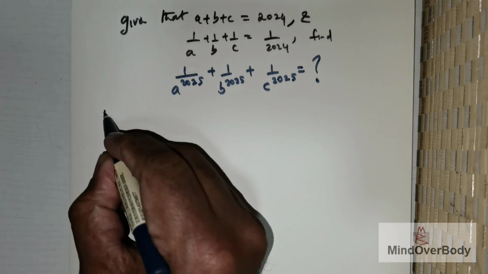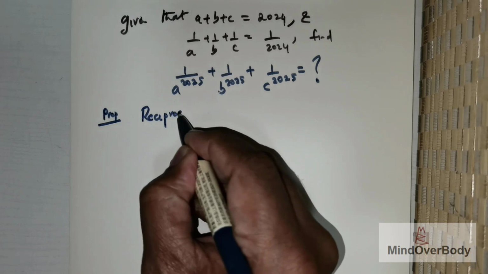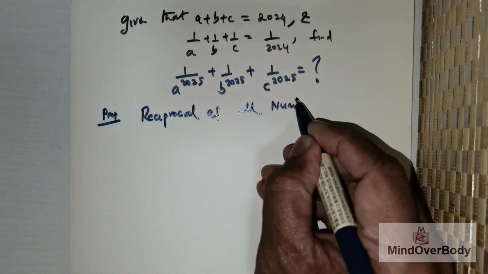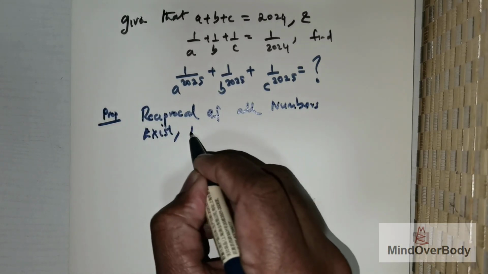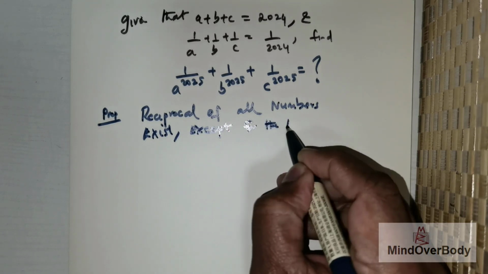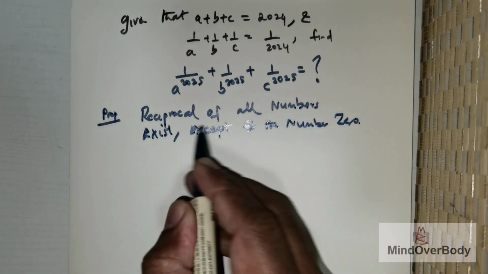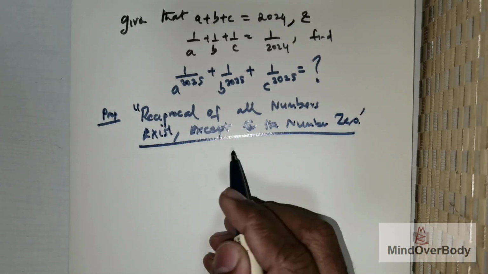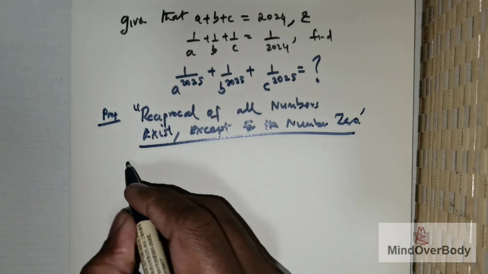The property I am giving you now: the reciprocal of all numbers exists except for the number 0. So if a number is equal to 0, the reciprocal doesn't exist, but for all other numbers the reciprocal exists.